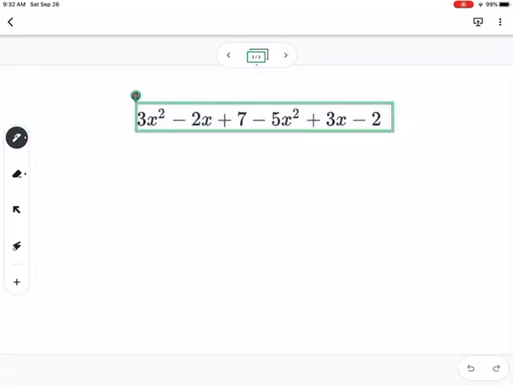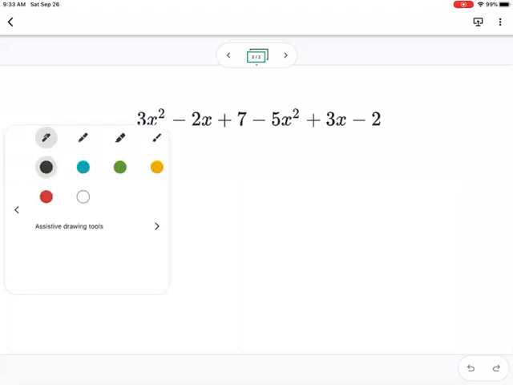Okay, next example. Now you can see on this one, I have included one with subtraction. Let me get rid of that symbol. Okay, so here we have subtraction, and what I'm going to try and get you in the habit of doing is, before you do anything, since subtraction can be very confusing, the first step we want to do is just change subtraction to addition.